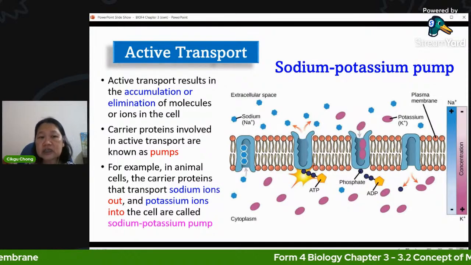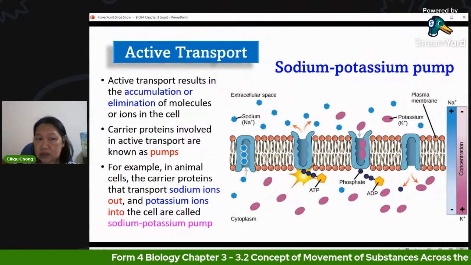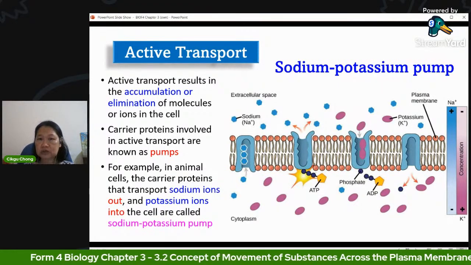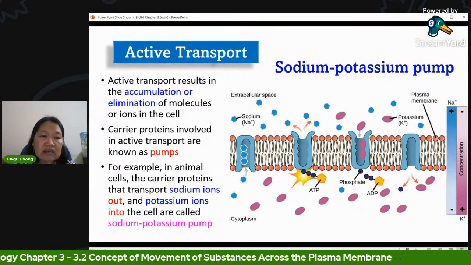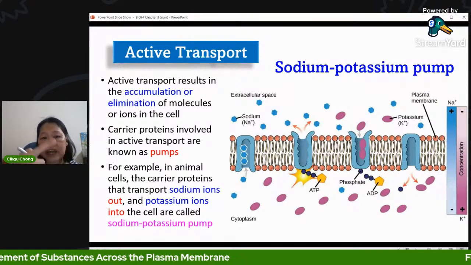The function here is to push out the sodium ions and bring in potassium ions, because the cell needs the potassium and does not want so much sodium. So it will be exchanging.